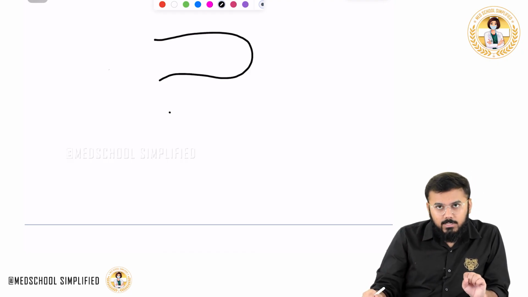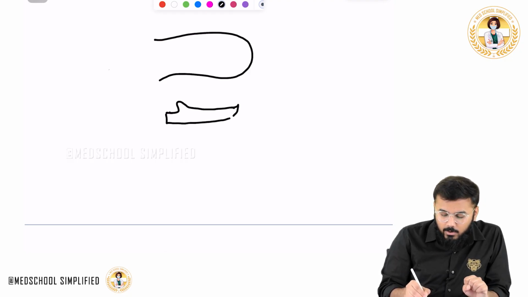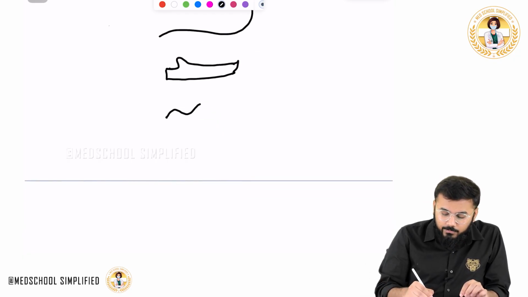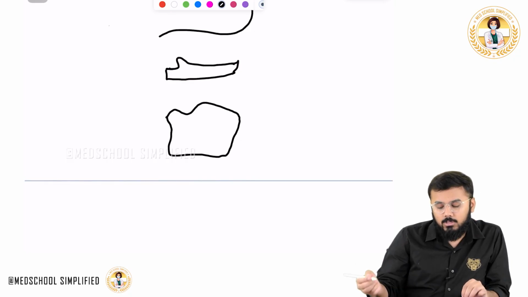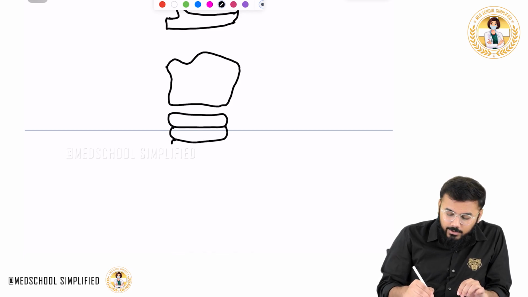From the lateral aspect, this is the tongue, and this particular bone which I am drawing right now is called your hyoid bone, like this. Now just beneath your hyoid bone, this particular cartilage which I am drawing right now is called your thyroid cartilage. And beneath your thyroid cartilage, you have another cartilage called cricoid. Attached to the cricoid, you have your tracheal rings.